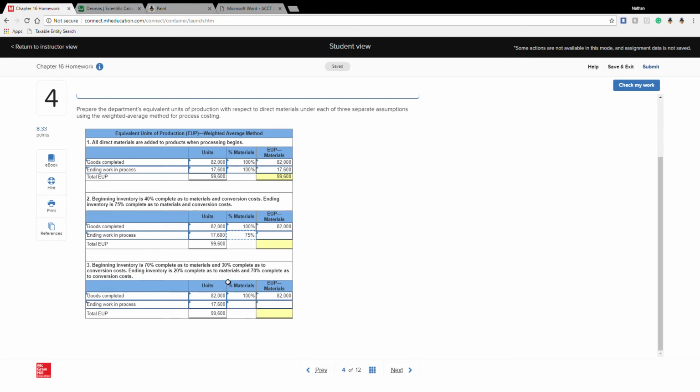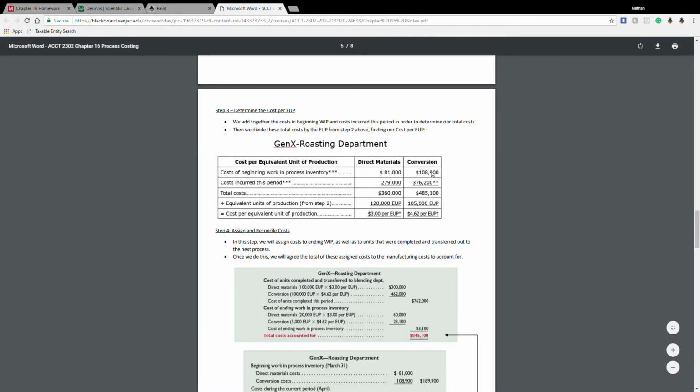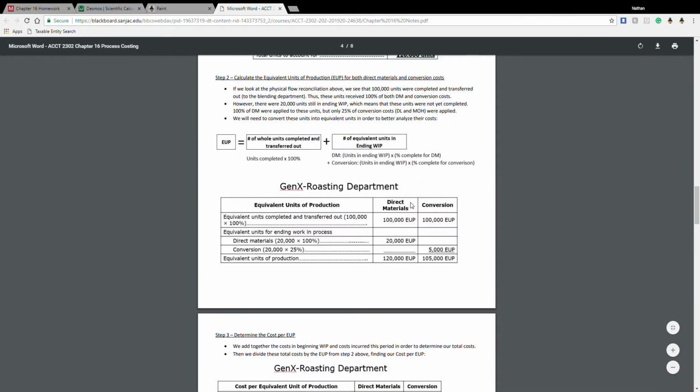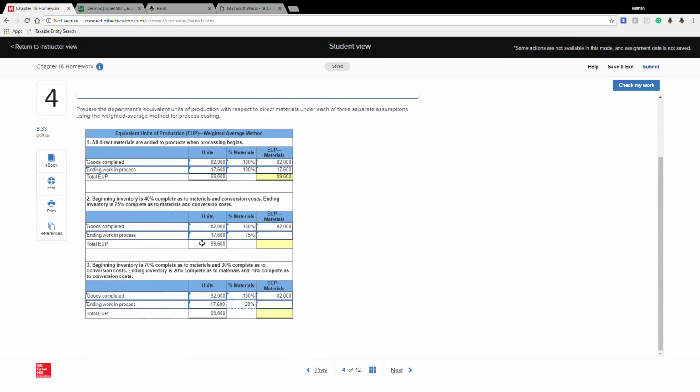Now here, we're looking at material percentage. So out of these two, 20% is going to be what we need. Again, that's 20% complete to materials. 70% that's to our conversion cost. So if we look down our notes, we're only doing this section right here, direct materials, not focused on conversion. Okay? Just happens with scenario 2, they're both at 75%.